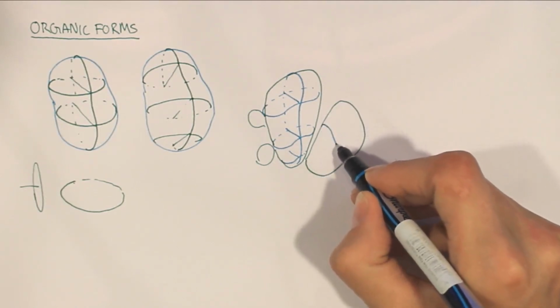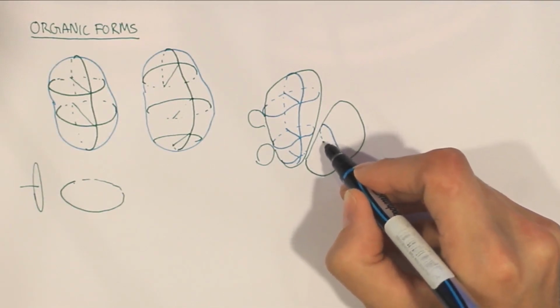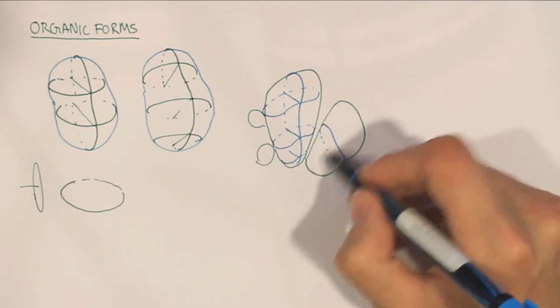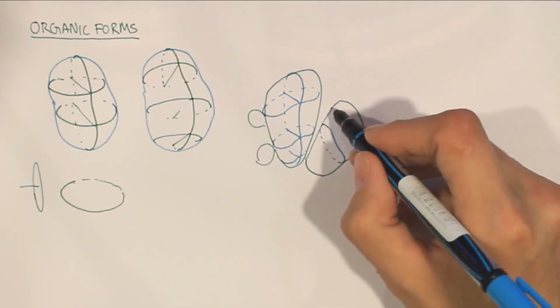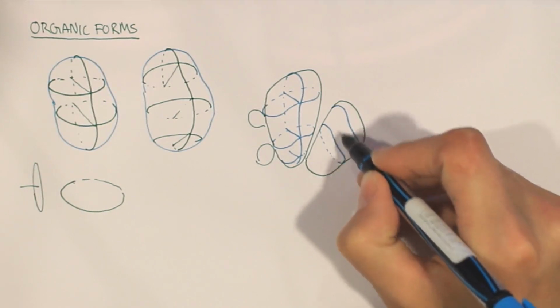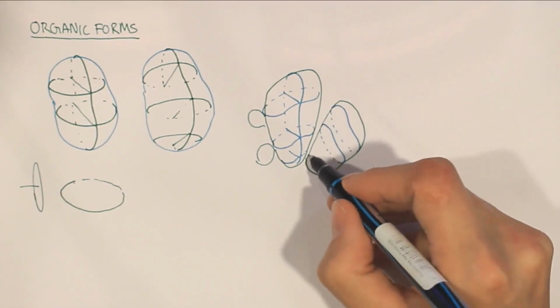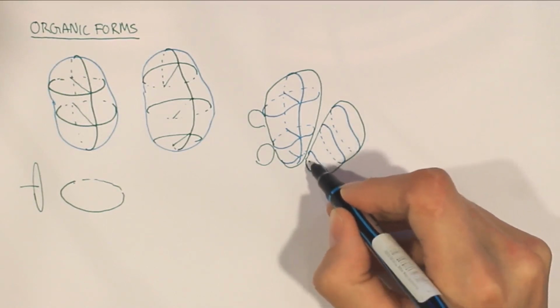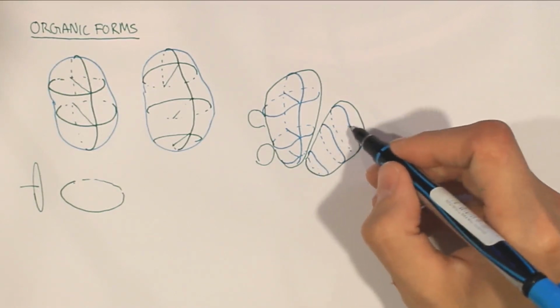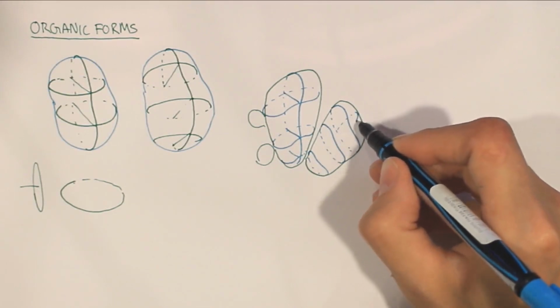This one seems to be tilting away from us, so I'm going to pretend it's tilting away. Remember, back to our rotating of ellipses. Now, since this is going further away from us, the degree is going to increase as it goes away. So this one's going to be a little bit wider. Once again with that perpendicular cross section.